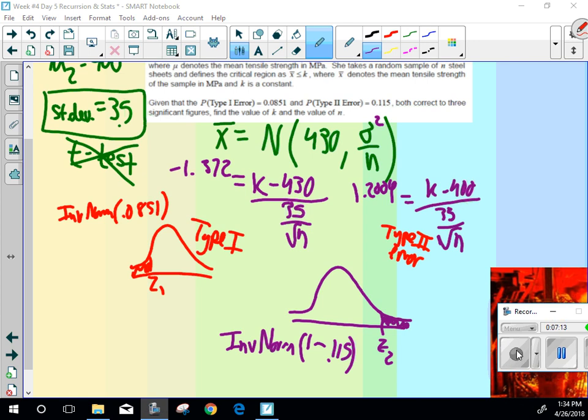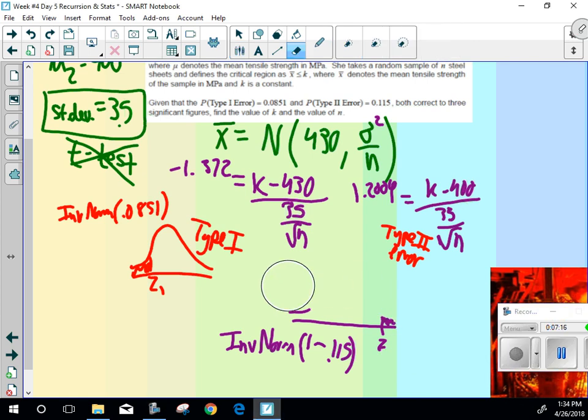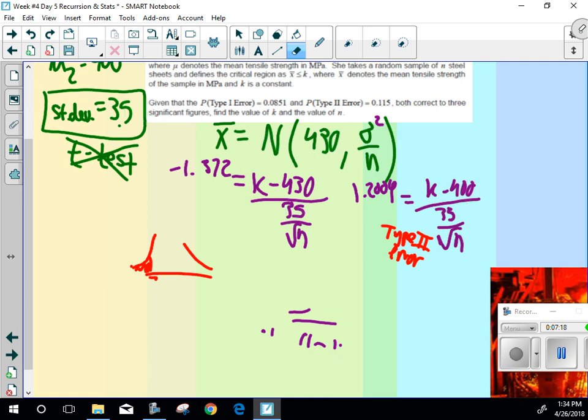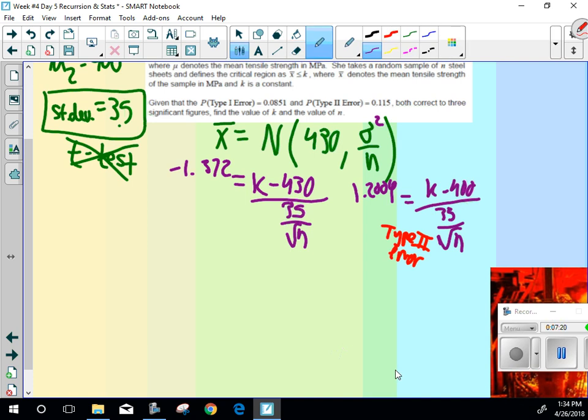All right. So now you're about half done. Now you have these numbers, and if you multiply this, you're going to get negative 1.372 times 35 over the square root of n is equal to k minus 430.